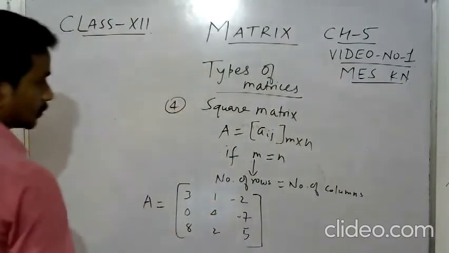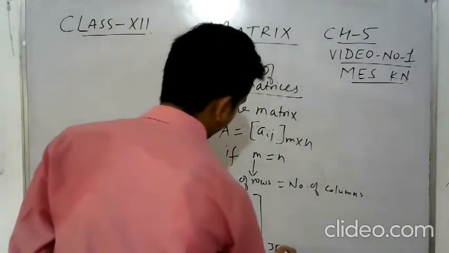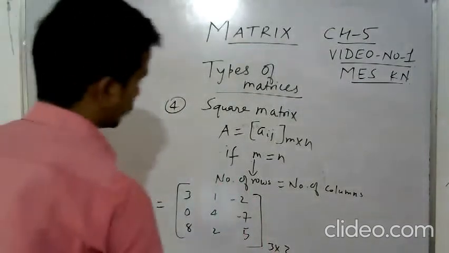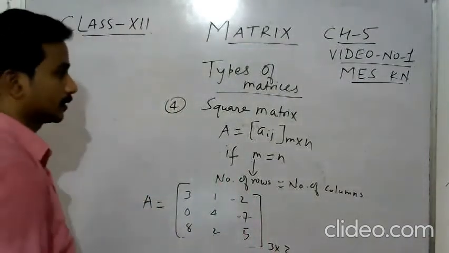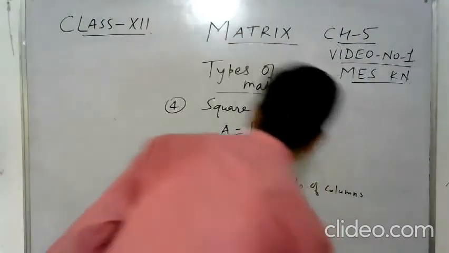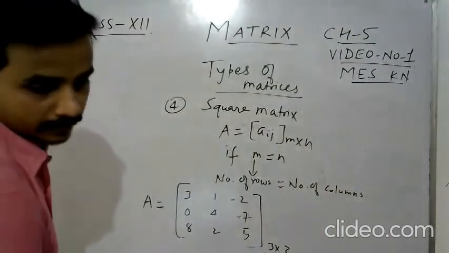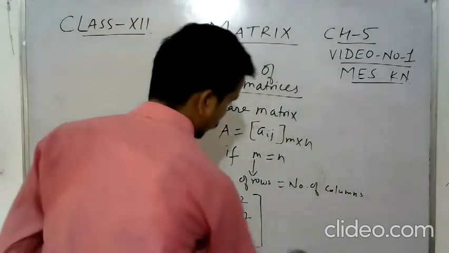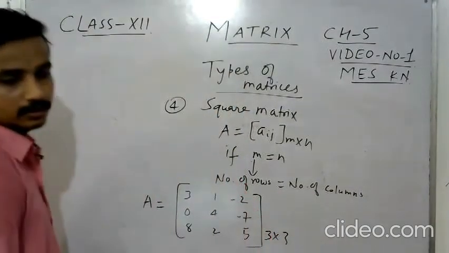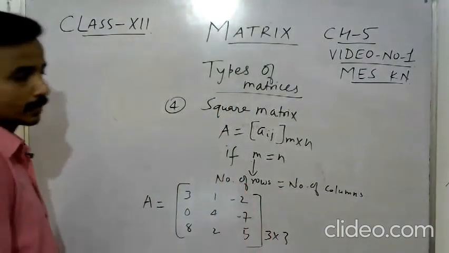So this is a square matrix of order 3 by 3. You have the same number of rows and the same number of columns. You can make a note of it. In this way you will write a matrix.